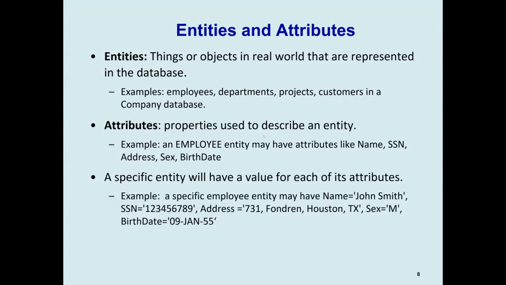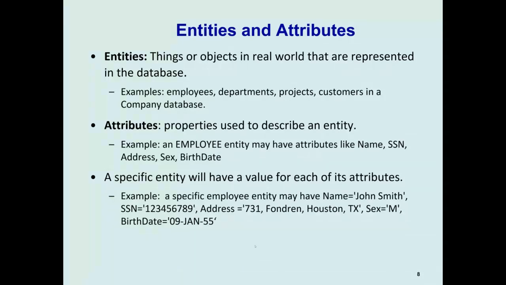For online banking, we may have entities for the customers and accounts. We may also have representative or staff or clerk entities, and also some loan entities and so on. So entities simply represent a real-world object or thing. The attributes are used to describe entities.